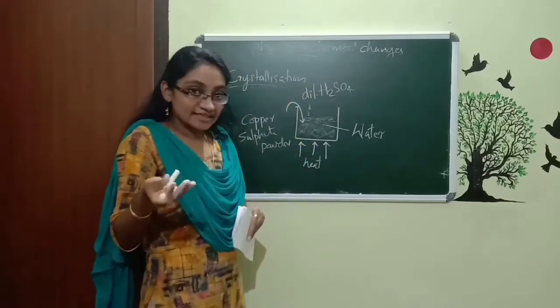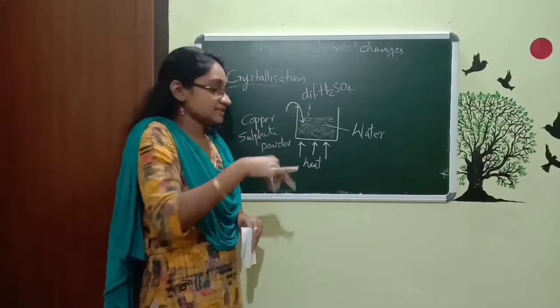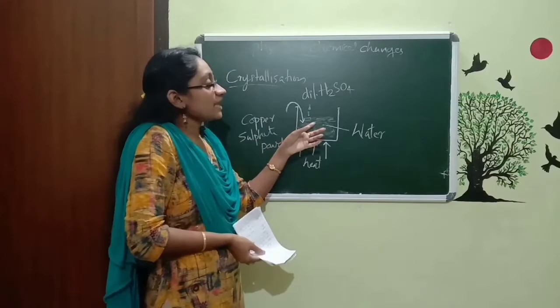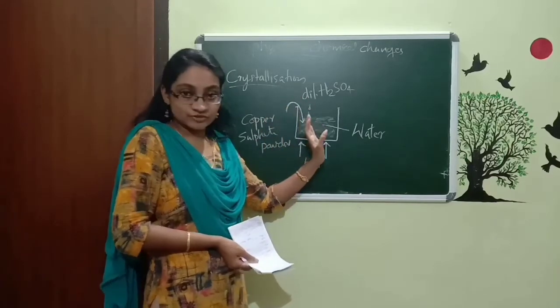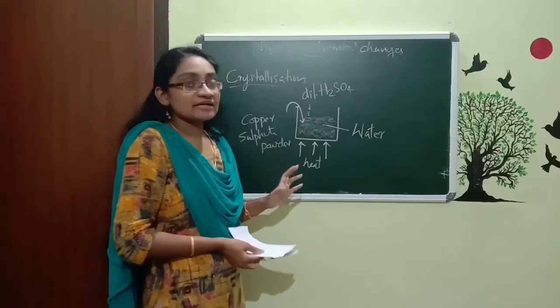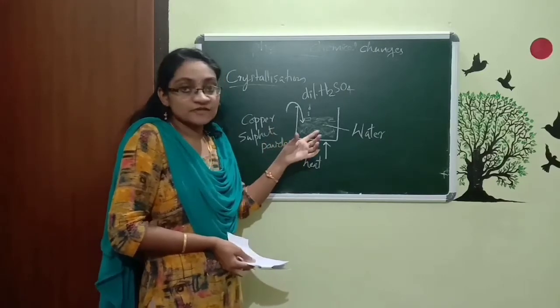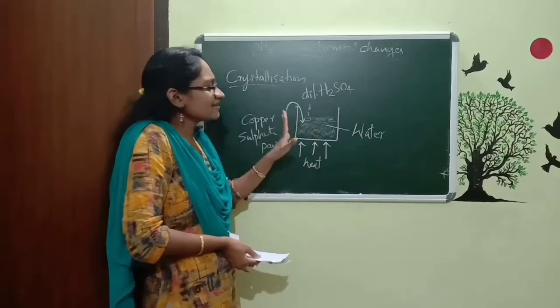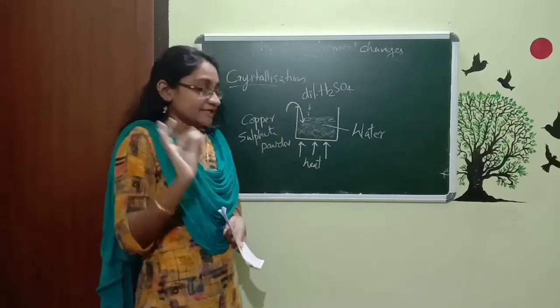Adding some powder, mixing. That means I am going to add the maximum amount of copper sulfate powder into this liquid, that means into this water. After some time we can see that it is not able to dissolve more copper sulfate in this liquid. So that means we have added the maximum amount of copper sulfate powder into this beaker.